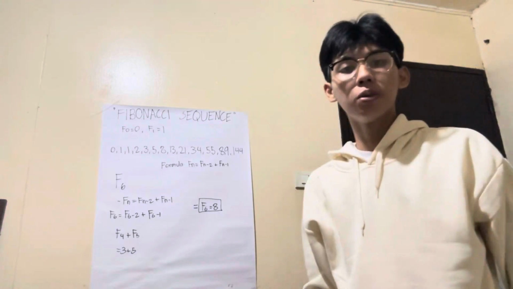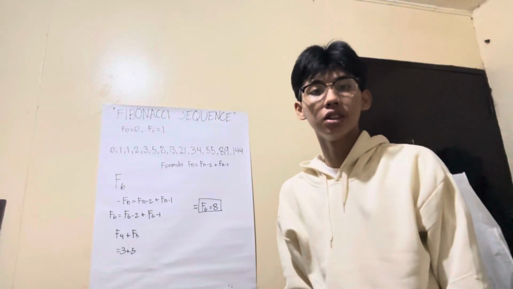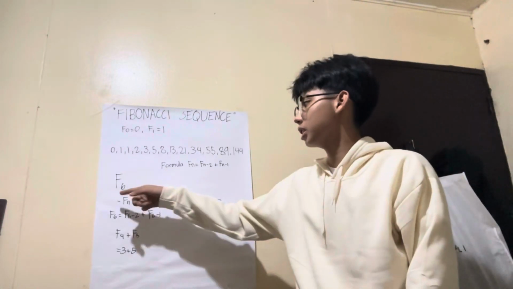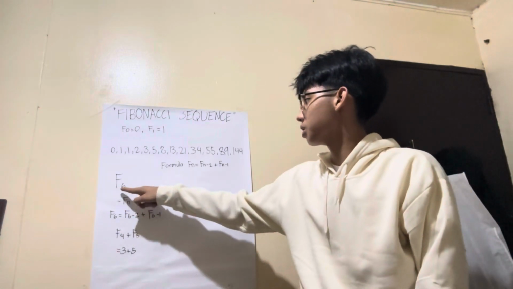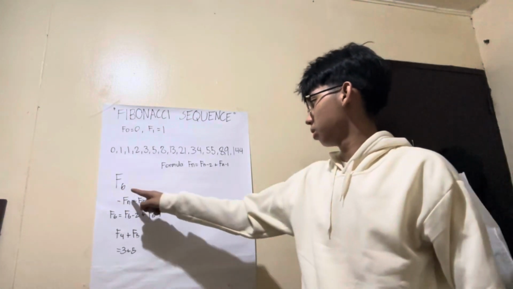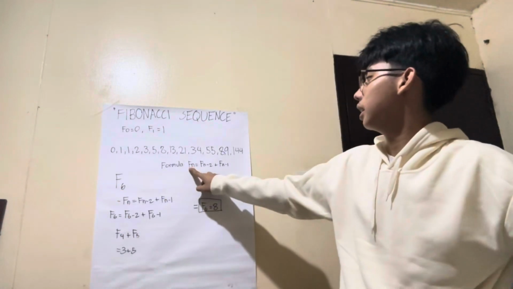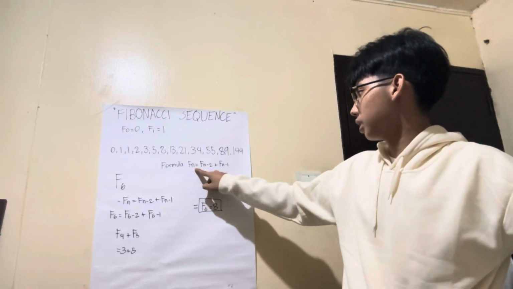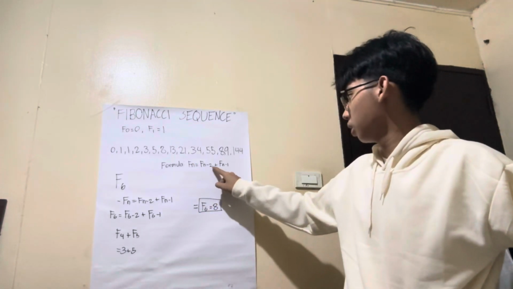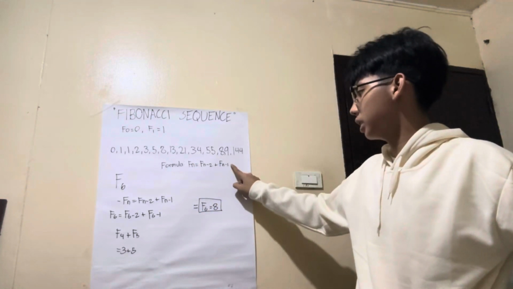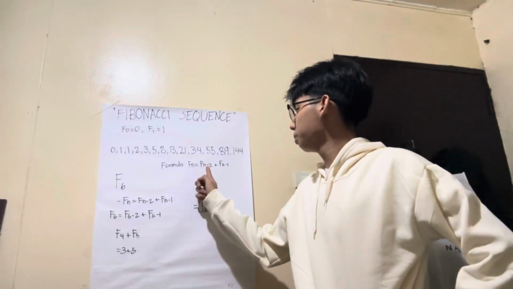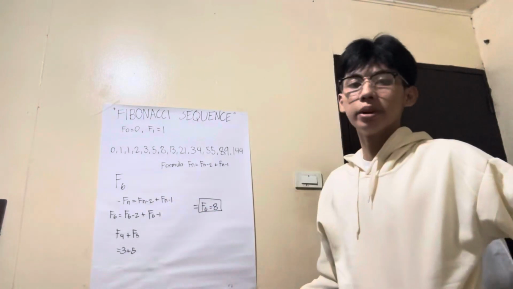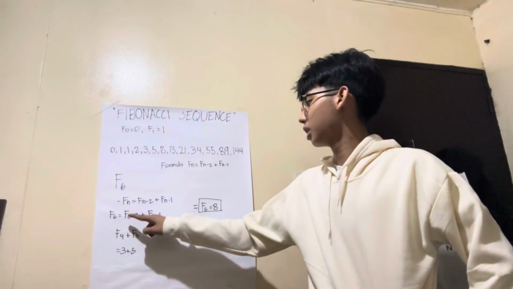So pag may formula na, ang hinahanap natin is yung 6th term. So, ang gagawin natin ay itong formula. F sub n equals f sub n minus 2 plus f sub n minus 1. So, substitute lang natin.